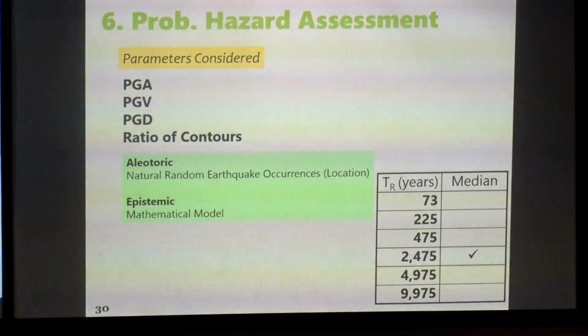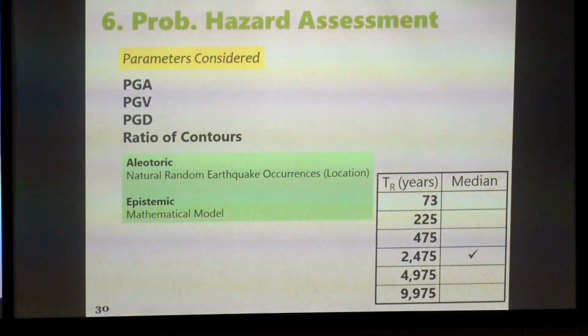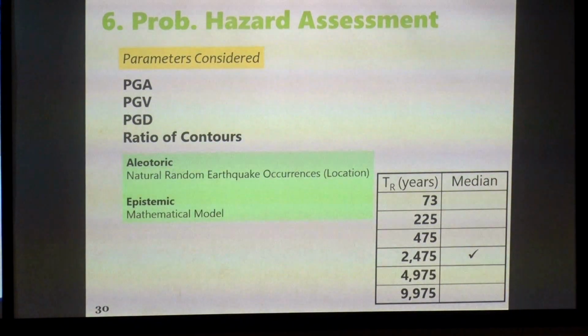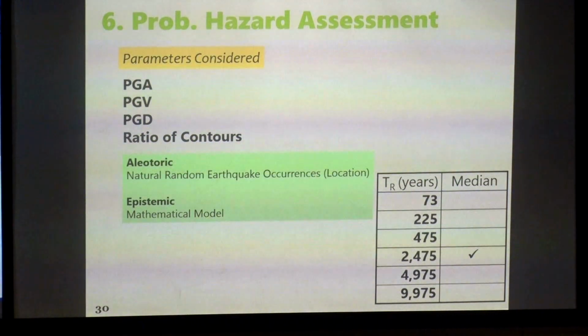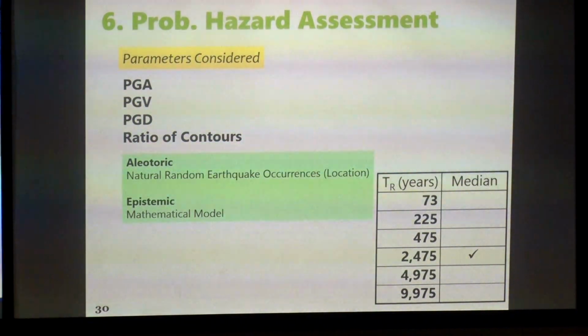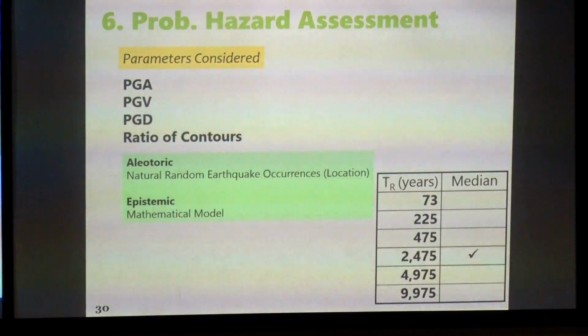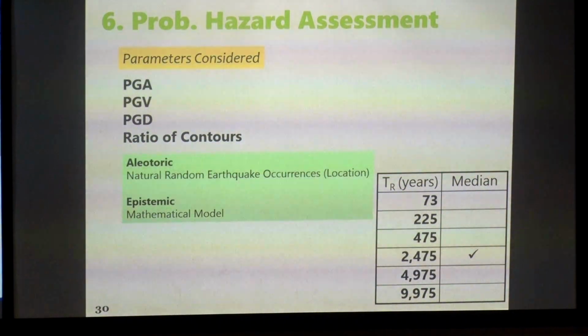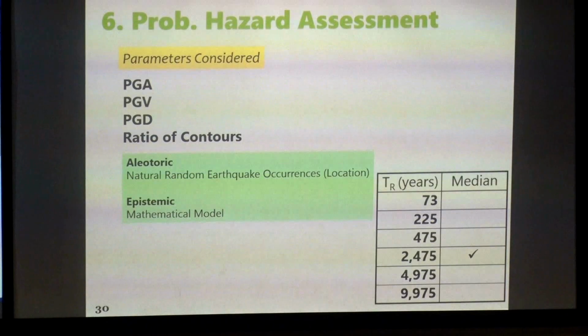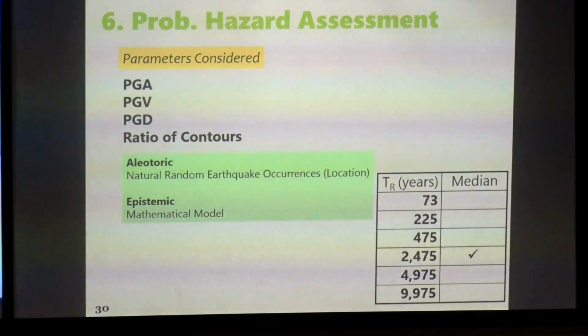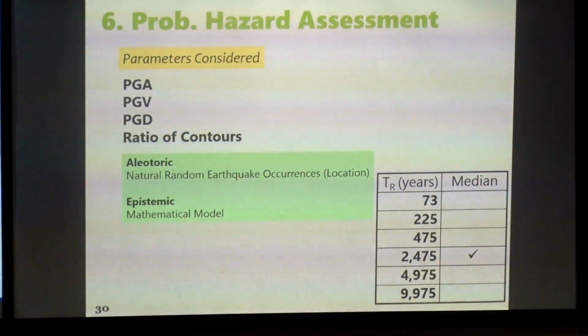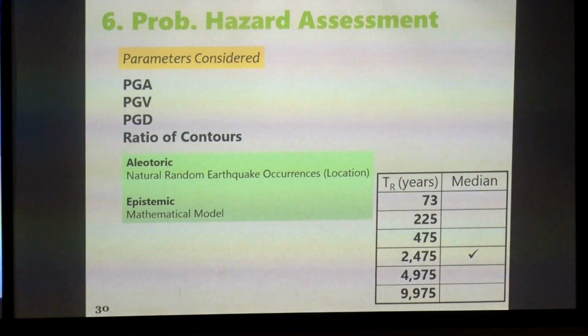In this, the uncertainties of earthquakes per se, and then the mathematical uncertainty that is always going to be there in the mathematical modeling, our interpretation of that, was also considered. And finally, what we were trying to get was the peak ground acceleration, peak ground velocity, and peak ground displacement contours for the entire country.